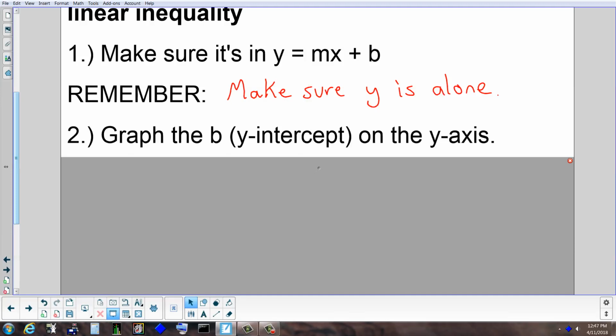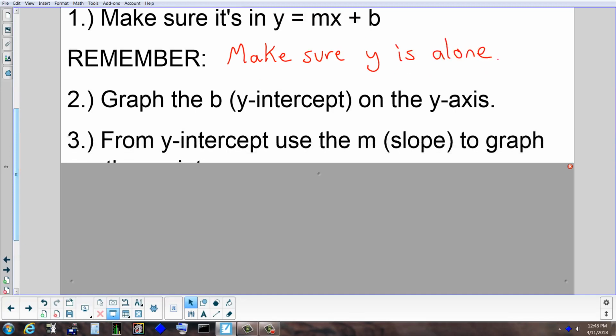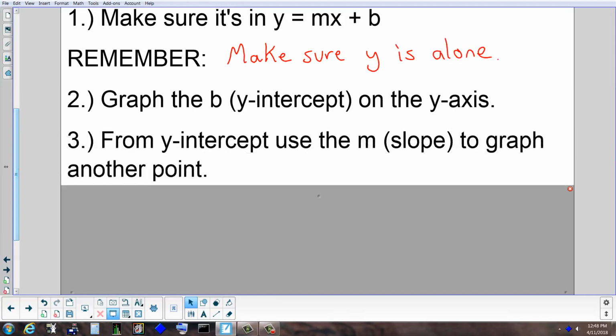The slope, right? Jack, how do we know what number in the problem is the slope? It's next to the x. Very good. All right? So from the y-intercept, we'll use the slope, or the m, to graph another point. Right? So from wherever we are, that's what the slope is going to tell us to do.